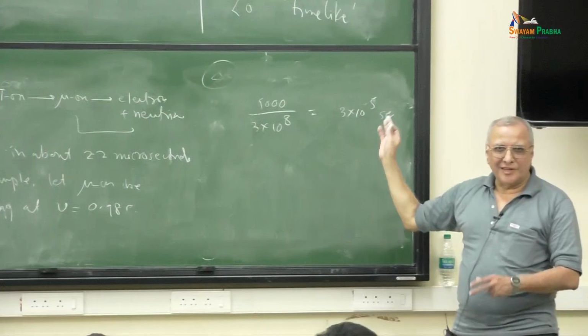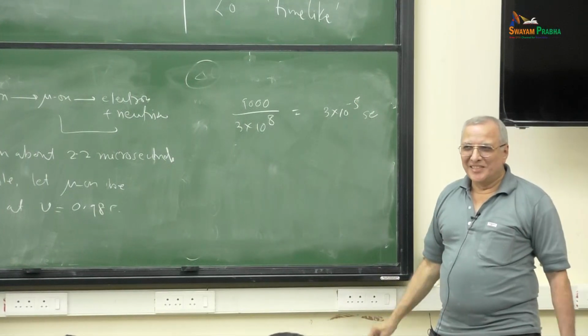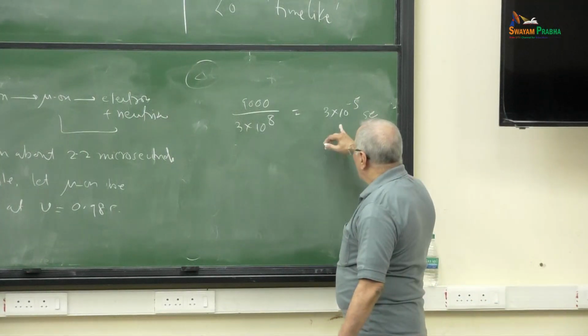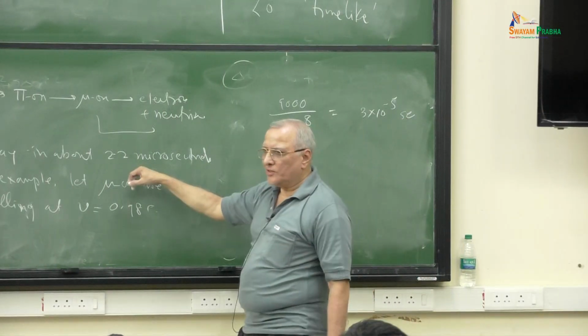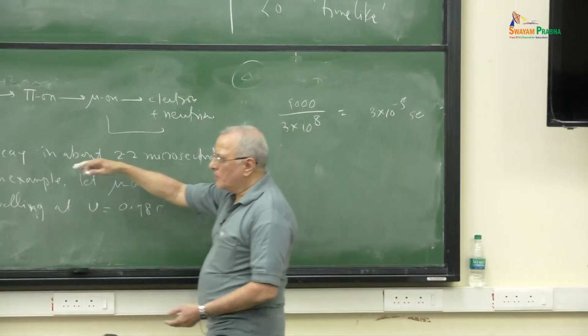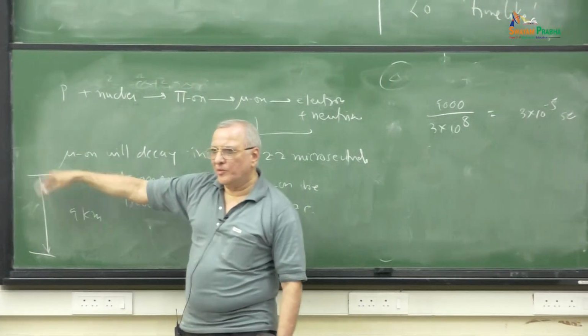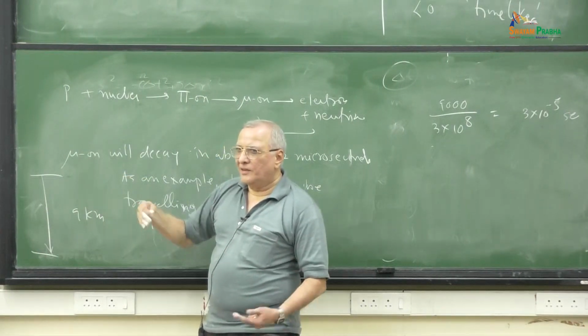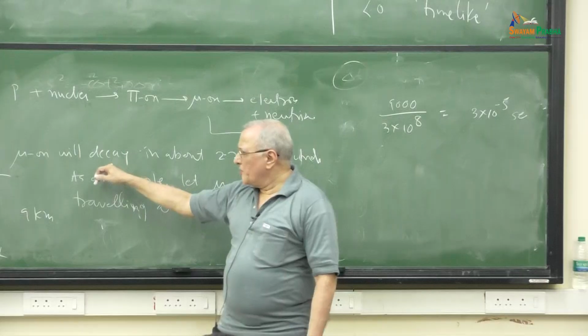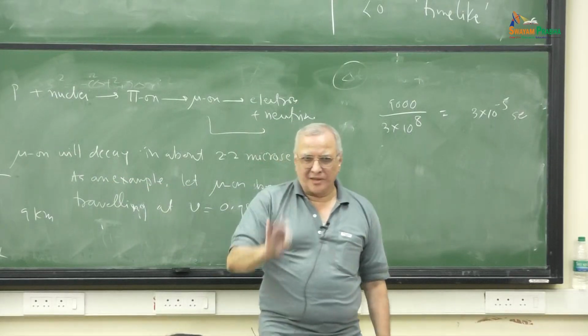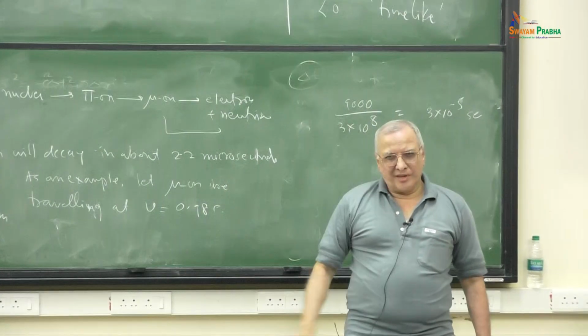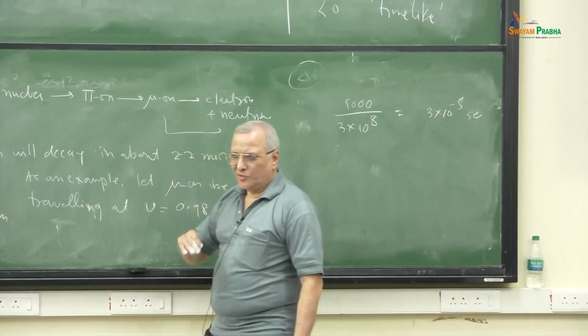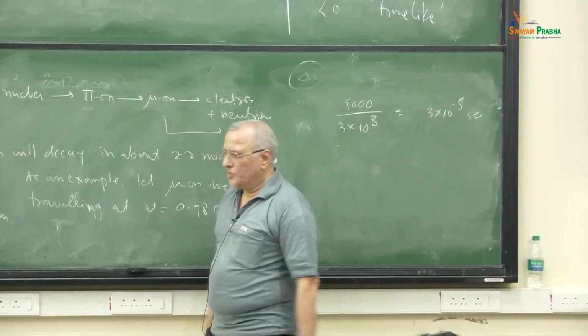Is that right? I may make mistakes, please correct me. Now, this is larger than the lifetime in microseconds. Which means if I start with a certain number of muons, some of them will decay. Roughly, this lifetime is related to the half life with some factor. Let us not worry about that factor, let me pretend this to be the half life just for the sake of argument, so the calculation is easy.